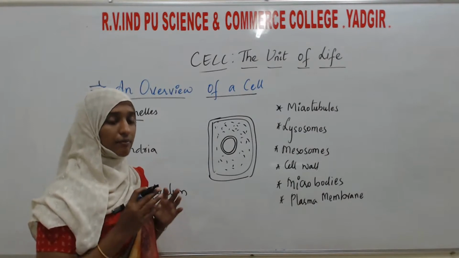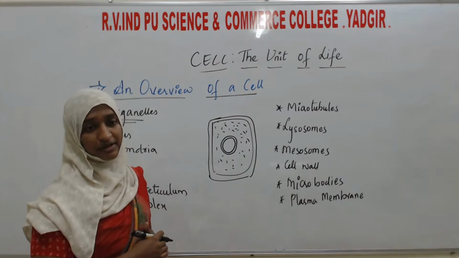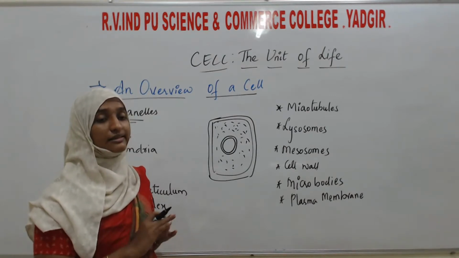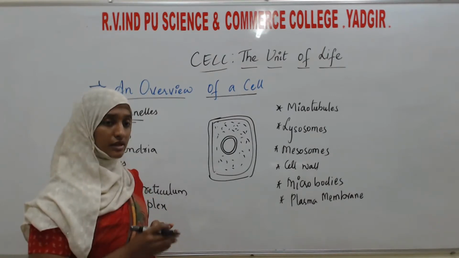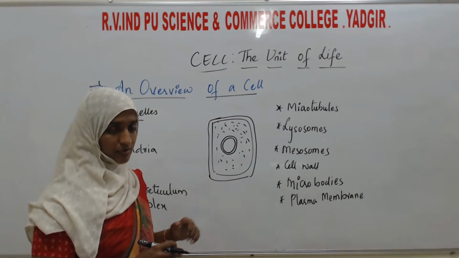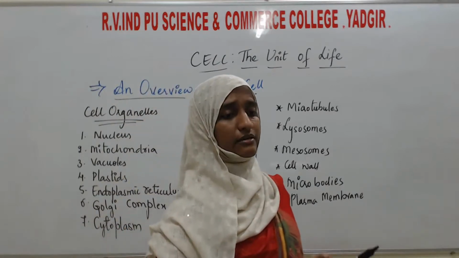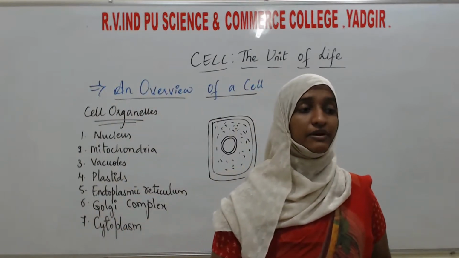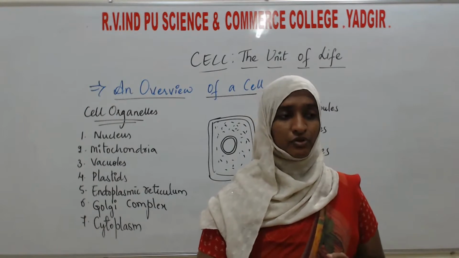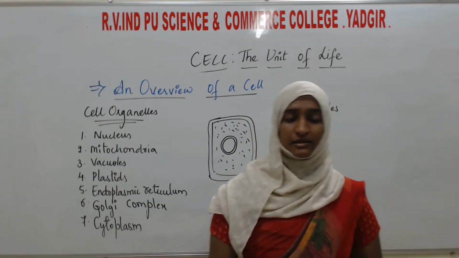On the basis of the cell wall, the animal cell and the plant cell are divided. In the animal cell there will be absence of the cell wall, and in the plant cell there will be presence of the cell wall. Many differences are there between the animal cell and the plant cell, and also between the prokaryotic cell and the eukaryotic cell. We will discuss that in the next class.